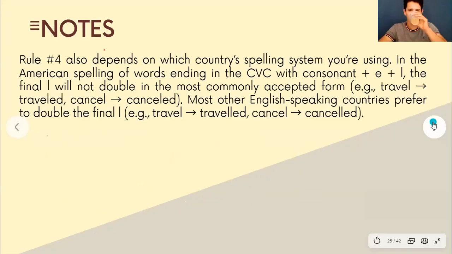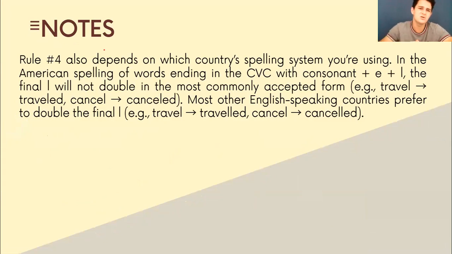And then there is another thing that we have to keep in mind, guys, and it's about rule number 4 also, que es de la consonante, vocal, consonante. También depende de algunos países. So look at this. Rule number 4 depends on which country spelling system you're using. In the American system of words ending in consonant, vowel, and L, the final L will not be doubled, okay?